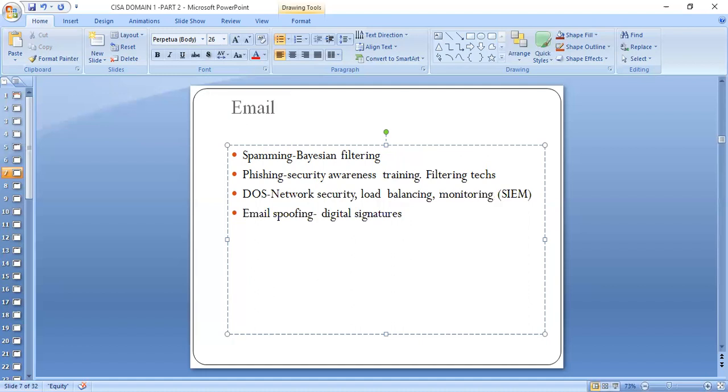Okay. There's also one area I've seen in the ISACA question and answer database. The issue of archiving of emails is very important. So I have an email client.